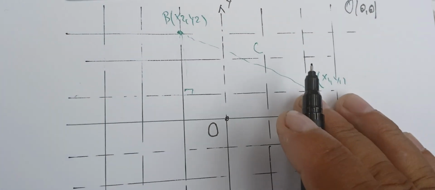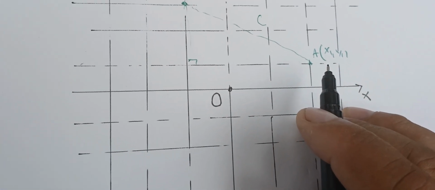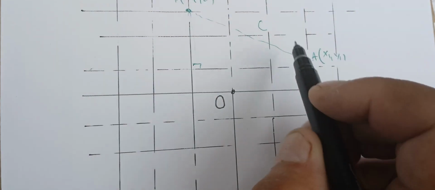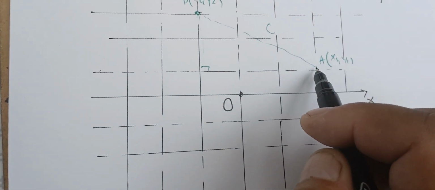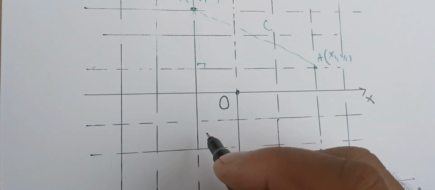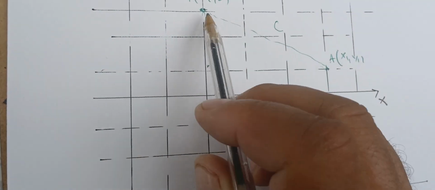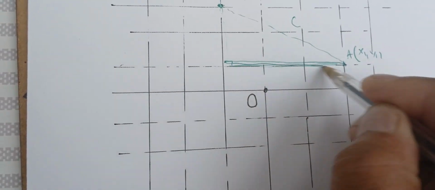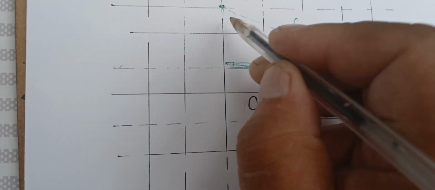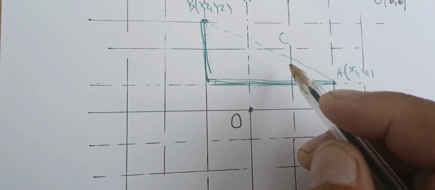For us, the taxicab geometry is going to be done in a different manner. So to go from point A to point B, we just go horizontally or vertically. Okay, here we see that we can go from A to B. We go to this point here. So we're going to take this distance, and after that we take this one here. So we think of it as a taxi.